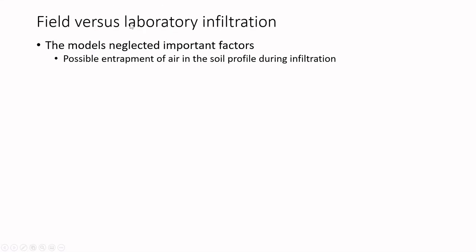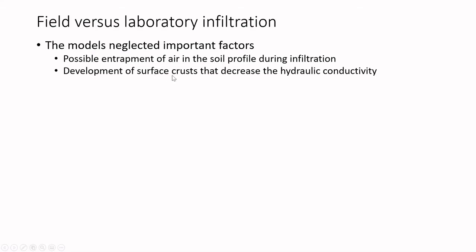In the laboratory, we can try to avoid the entrapment of air by creating a certain condition where air entrapment can be avoided. But in the field, it's almost impossible to neglect the effects of air entrapment because of soil homogeneity. Okay, so these are the possible differences.